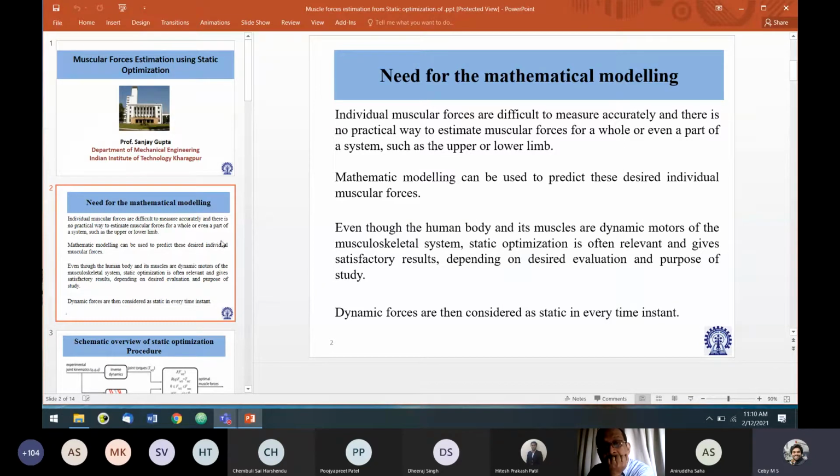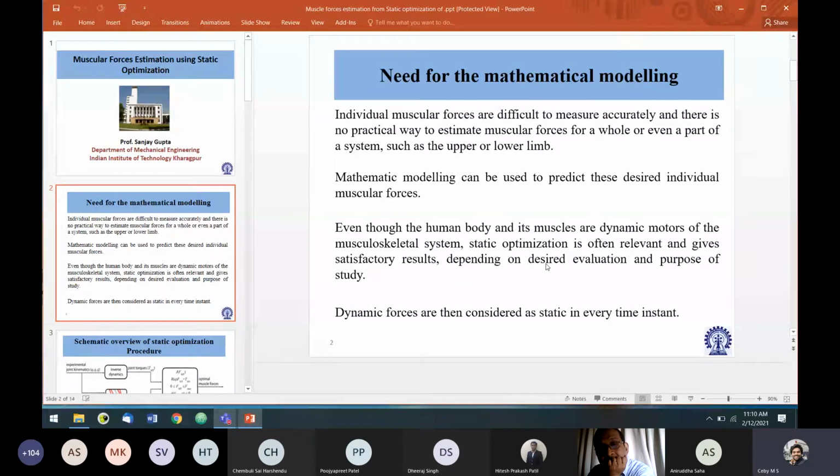In the first slide, the same thing is being explained here. Individual muscle forces are difficult to measure accurately, and there is no practical way to estimate muscle forces for the whole or even a part of the system, such as the upper or lower limb. So a mathematical model is necessary to predict it. Dynamic forces are then considered as static at every time instant.